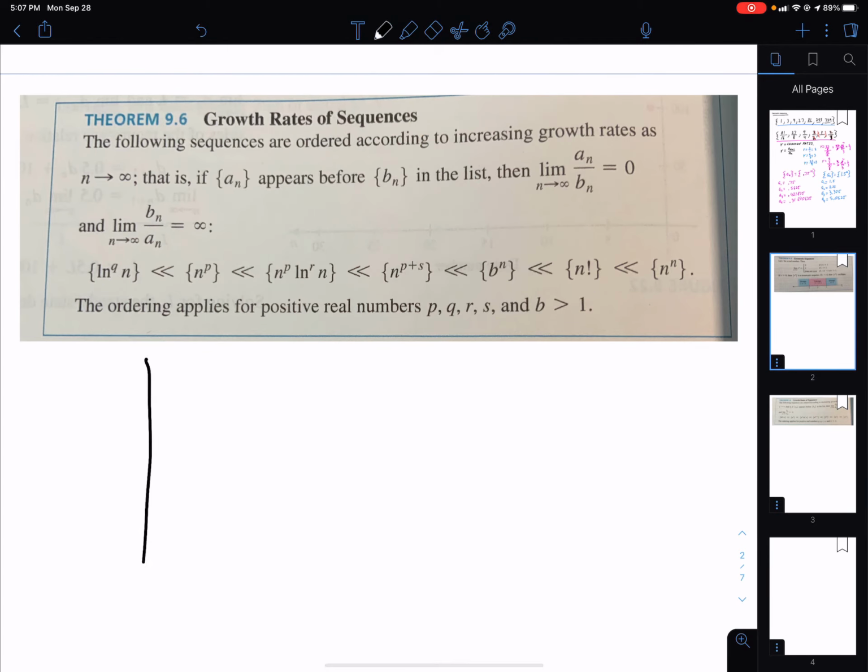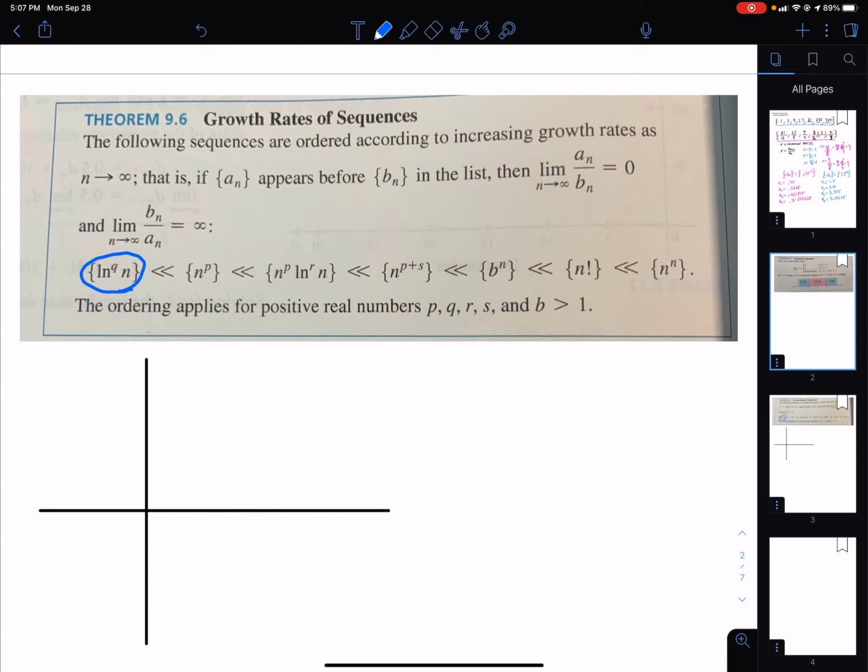So let me draw a graph that represents each of these functions. All right, so first we're going to look at ln. Here's what's happening. ln, you should all know it looks like this. That's ln of x. And I could put x's for all these n's.